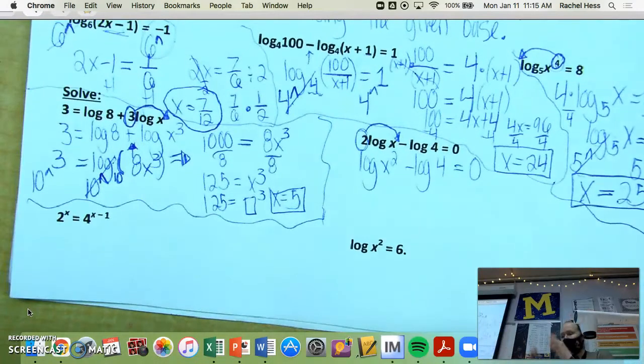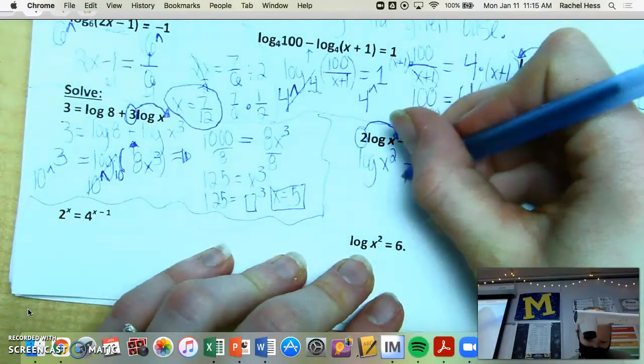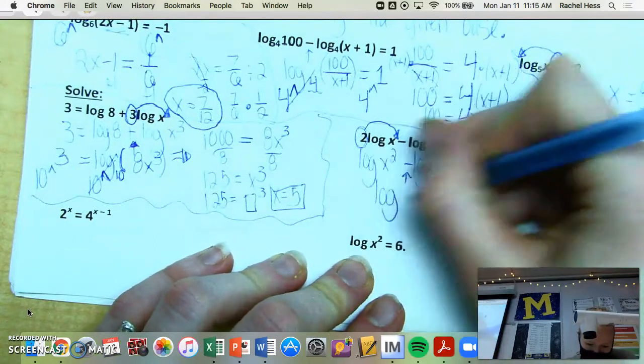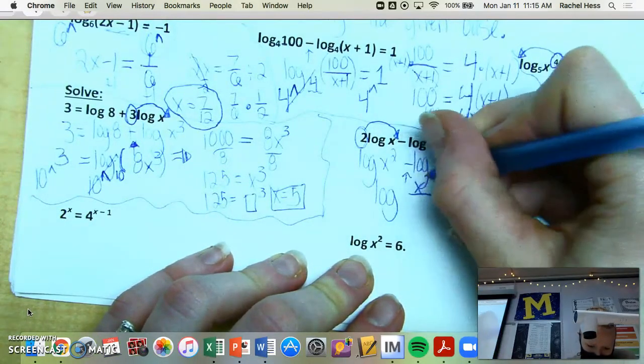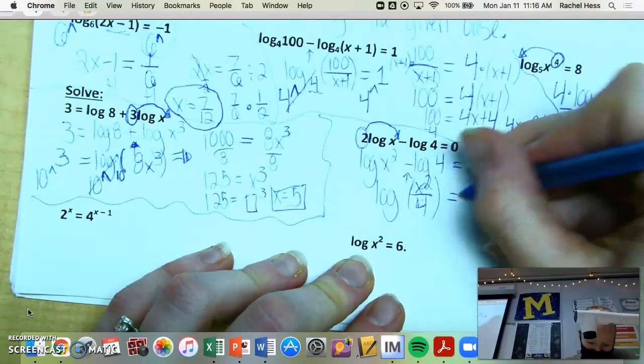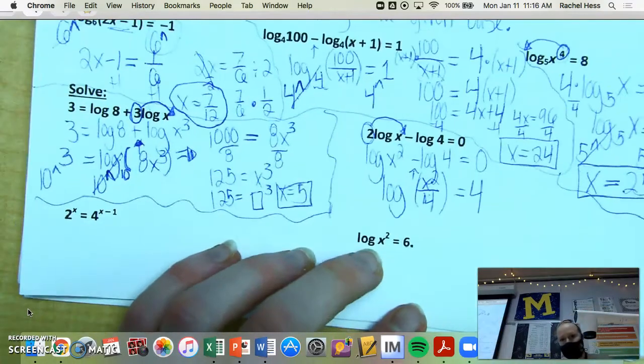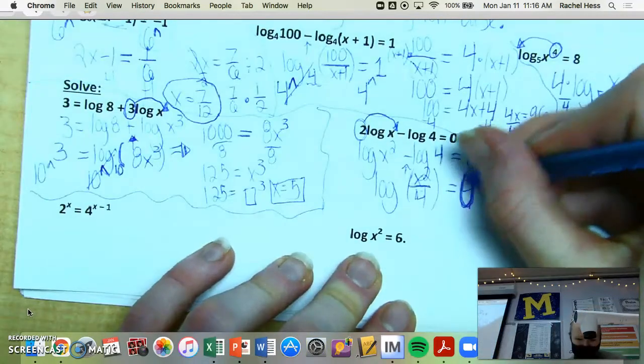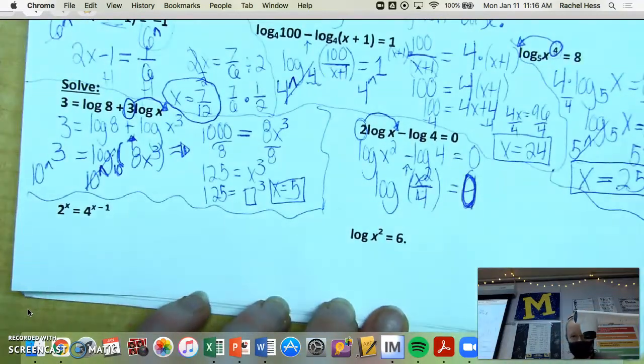And now I can smush my logs together. When I start with subtraction, this turns to division. So I'll get log of x squared divided by 4 equals 0. Oops. I said it correctly, and I wrote it backwards.